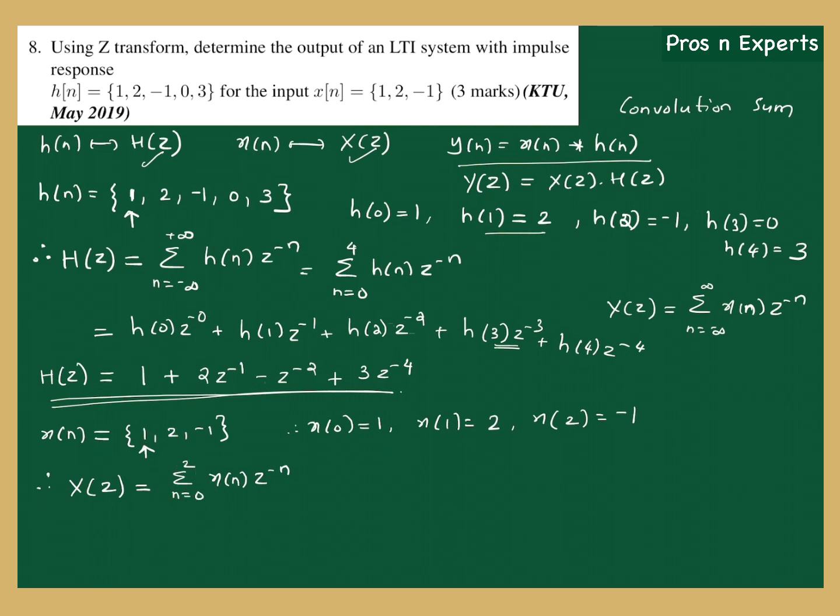So expanding the summation: x(0) into z raised to 0 is 1, plus x(1) into z raised to minus 1, plus x(2) into z raised to minus 2.